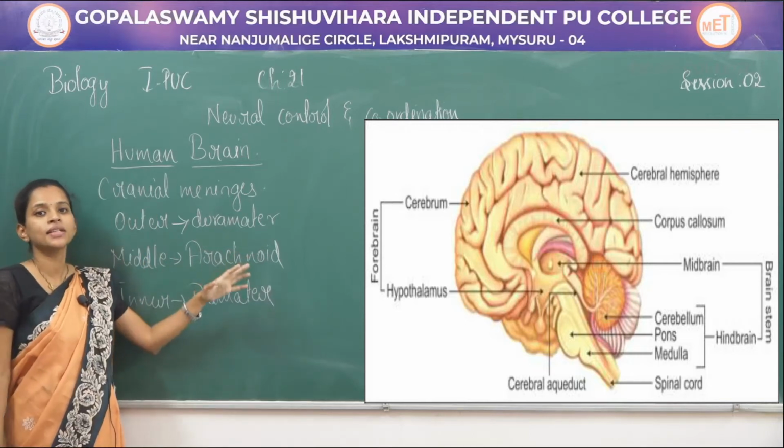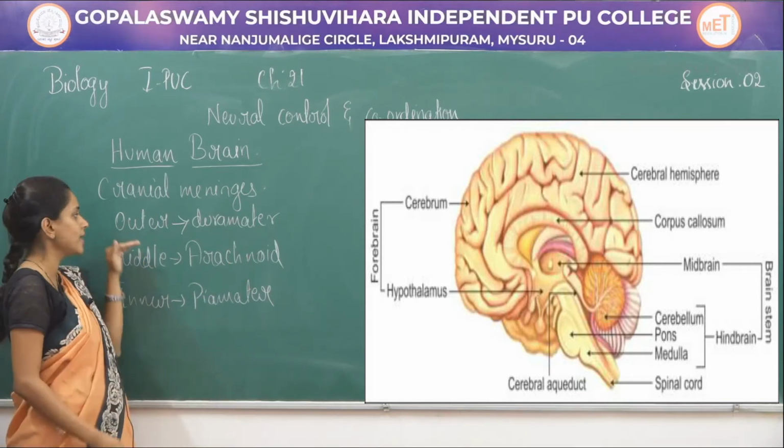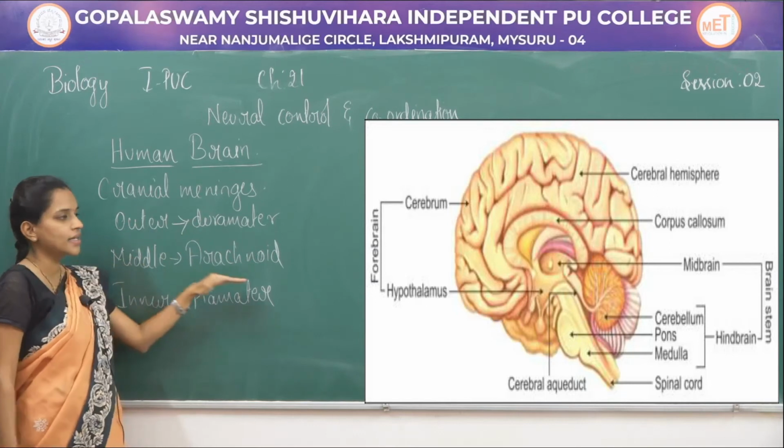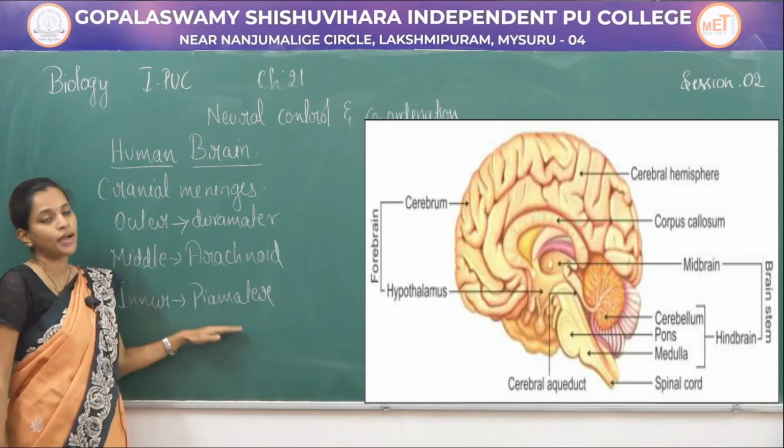So, the cranial meninges are divided into 3 main layers: outer dura mater, middle arachnoid, and the inner pia mater.